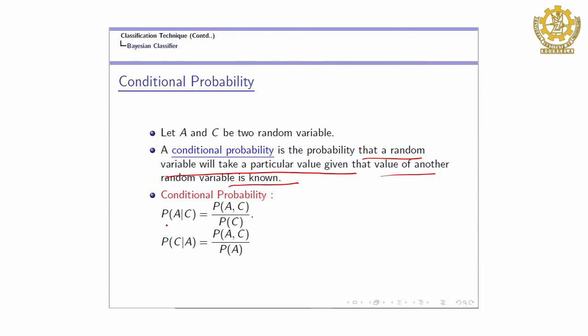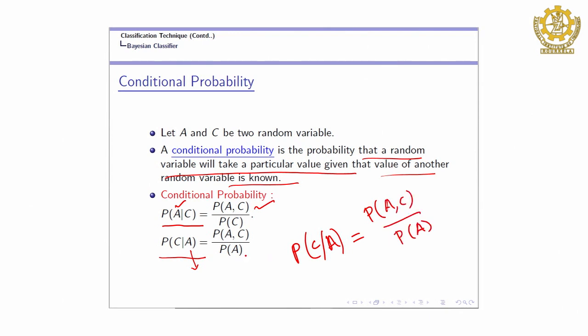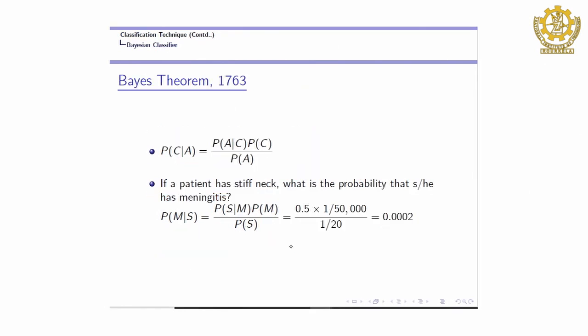The probability of A given C is the joint probability divided by the probability of C. Similarly, the probability of C given A is the joint probability divided by the probability of A. From these two equations we can replace the joint probability.